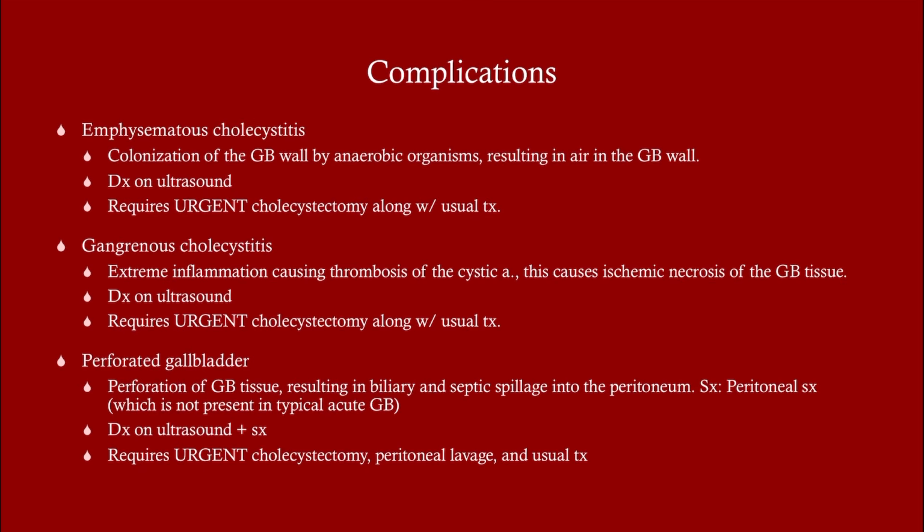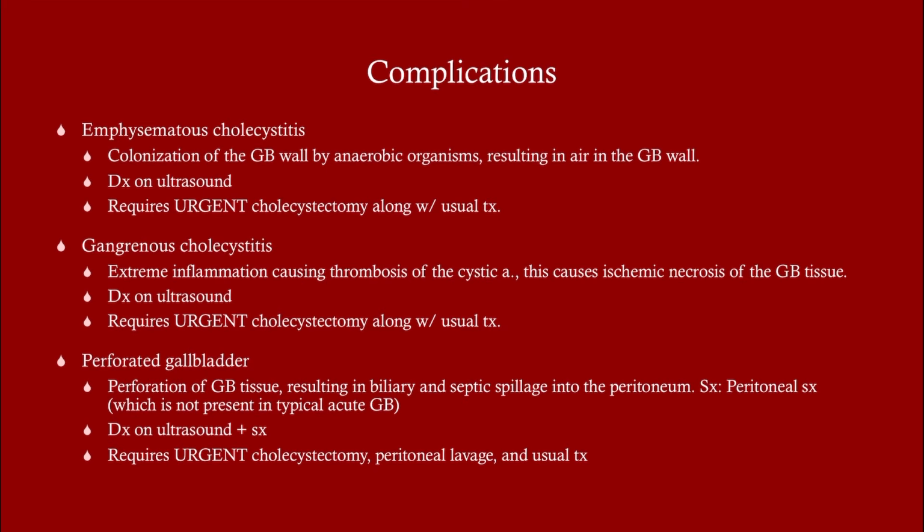These are some of the gallbladder-related complications. I'm not going to go into each of these, but you should be aware that this can get worse. The gallbladder can become infected itself. You can get emphysematous or gangrenous cholecystitis, which kind of exist on the same continuum, but they are both complications.